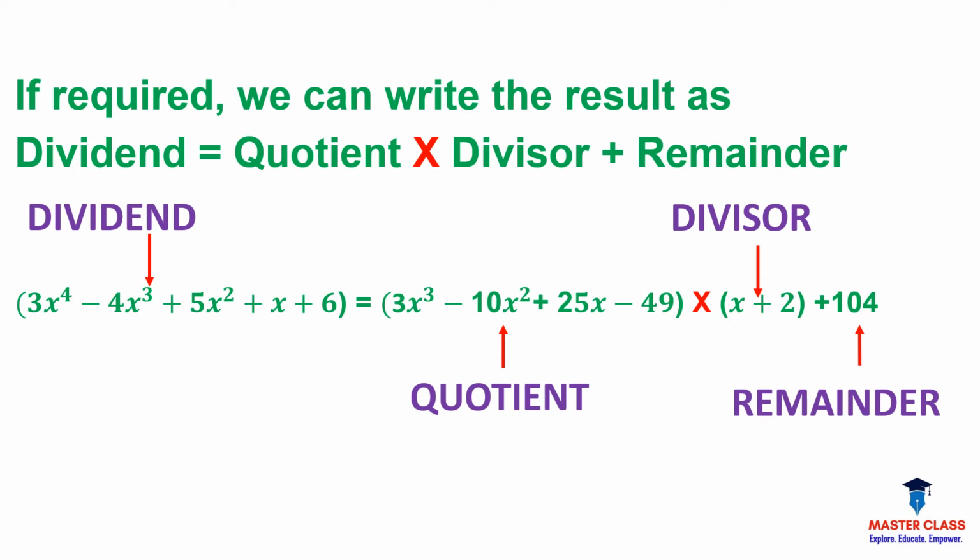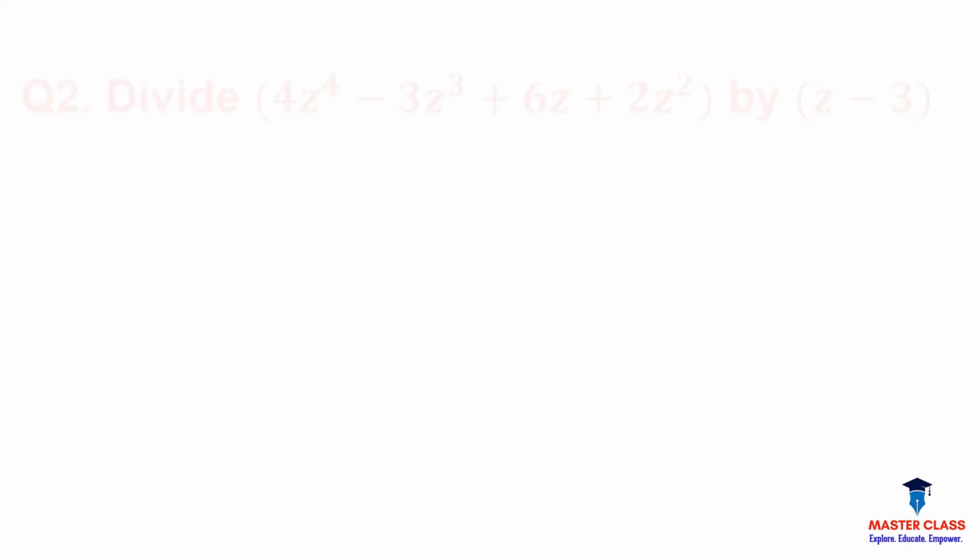In other words, the dividend, which is 3x to the power of 4 minus 4x cubed plus 5x squared plus x plus 6 is equal to the quotient, which is 3x cubed minus 10x squared plus 25x minus 49 multiplied by the divisor x plus 2 plus the remainder, which is 104.